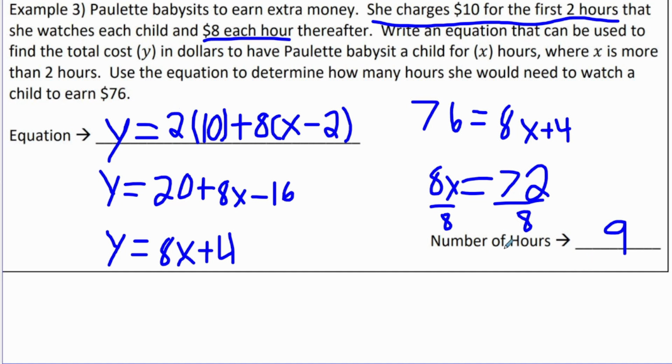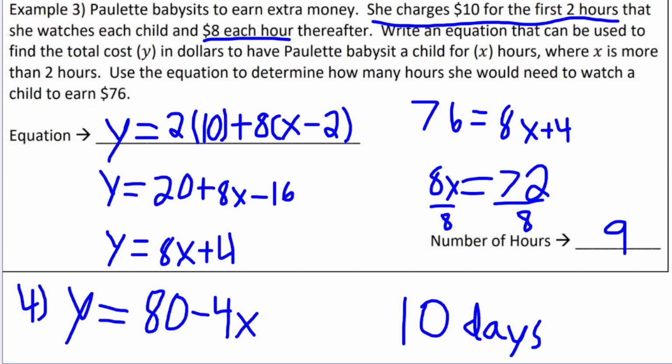So hopefully this one made sense, and go ahead now, give number 4 a shot, pause the video, and see how you do on that one. Alrighty, hopefully you gave number 4 a shot, and you found that the equation is going to be y equals 80 minus 4x, because it's 4 pieces of candy a day, so we're subtracting 4 for each day.